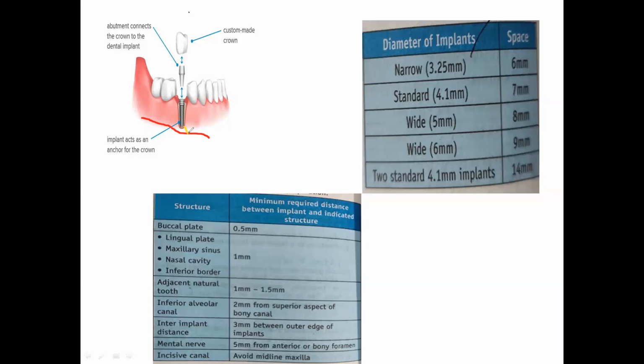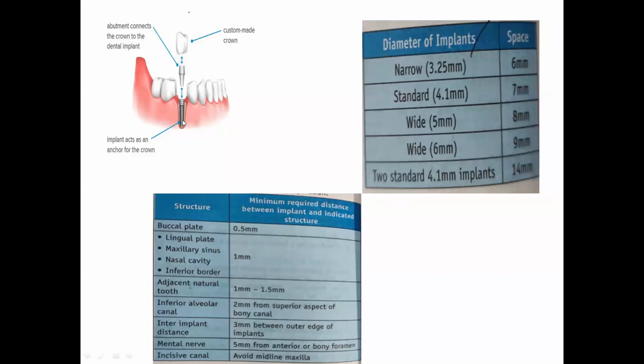Same if you are giving the implant in the upper arch, you have the maxillary sinus, you have the nasal cavity, you shall be at least 1 mm away from the anatomic structures. And as we said, the buccal plate distance has to be 0.5 mm, but for the lingual plate, the implant and lingual plate distance should be 1 millimeter.